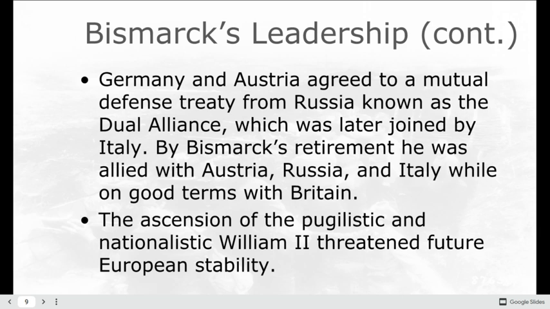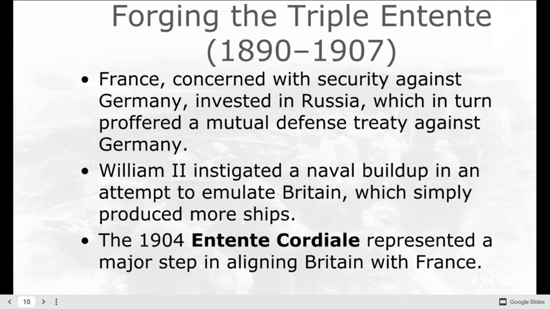But Germany and Austria eventually signed a mutual treaty, which will eventually be joined by Italy. France, on the other hand, was concerned about the growing influence of Germany, and so it decided to form an alliance with the rebuffed Russia that was rejected by the others.